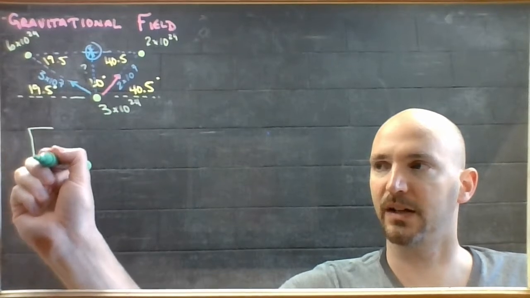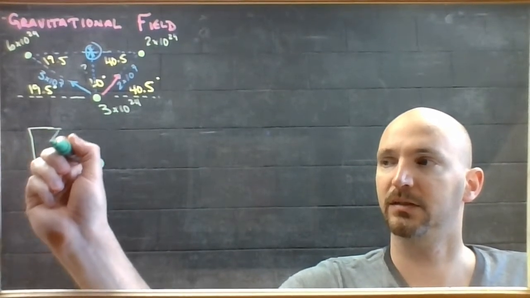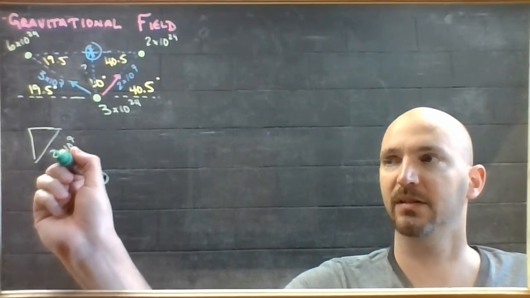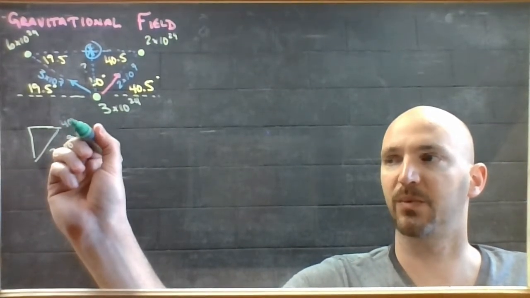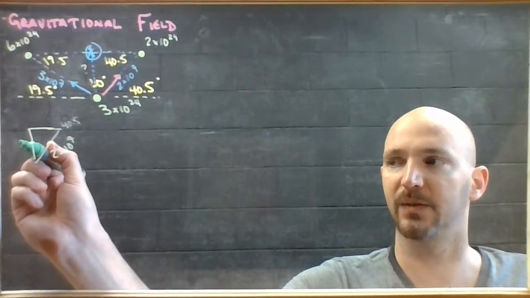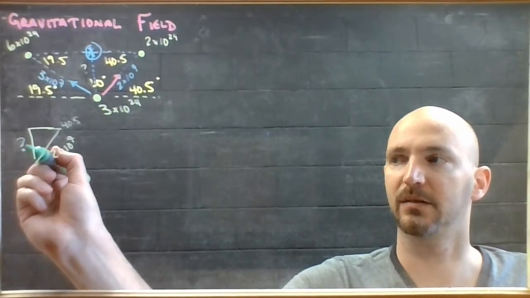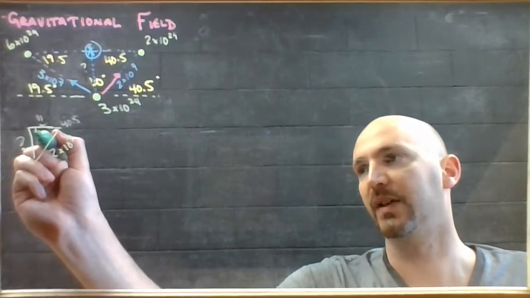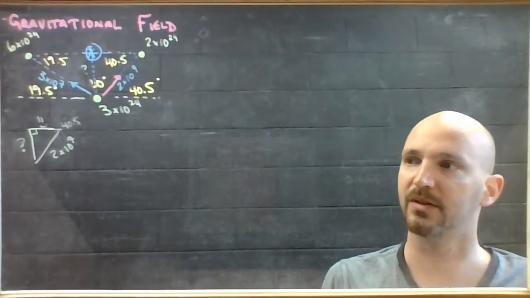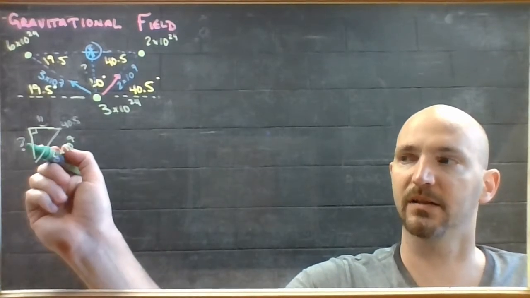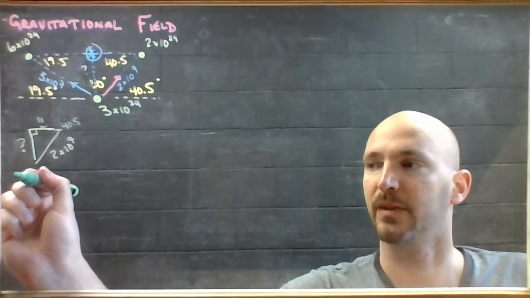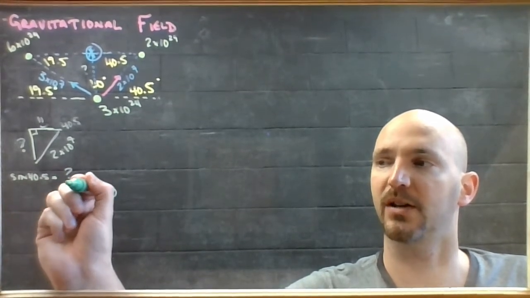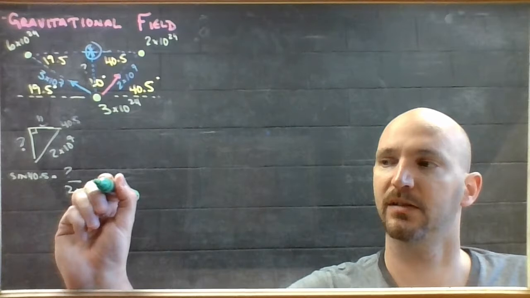So in that triangle, I have a hypotenuse that's 2 times 10 to the 7, and an angle of 40.5 degrees up here, and I need to know that, and I need to know this. Those two things happen to meet at a 90-degree angle, so I could use sine to find this side. So sine 40.5 would be the question mark over 2 times 10 to the 7.